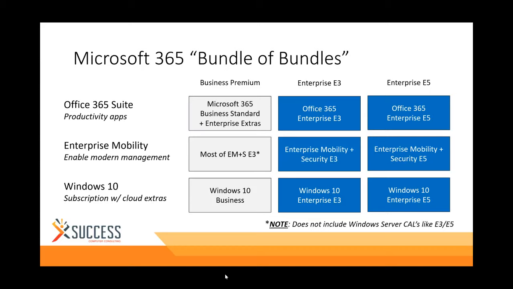But as an example, in the business and in the enterprise E3, which are very close and similar in what you can unlock, you'll have the ability to leverage intelligence in the Microsoft 365 cloud that will then help you to do things like limit which applications are allowed to run or the sites that users are allowed to connect to, because it's leveraging a reputation-based rating system.